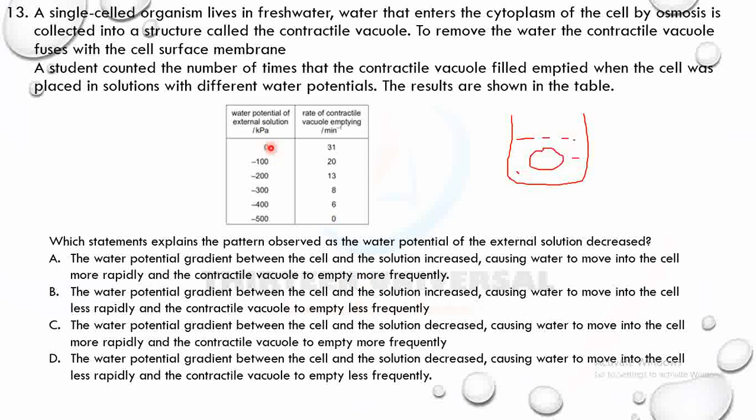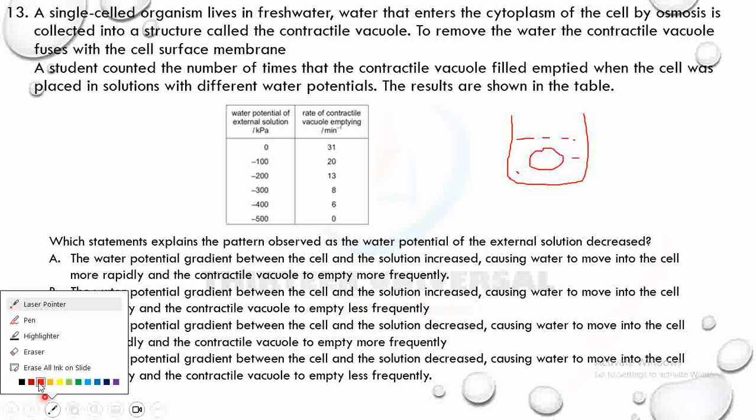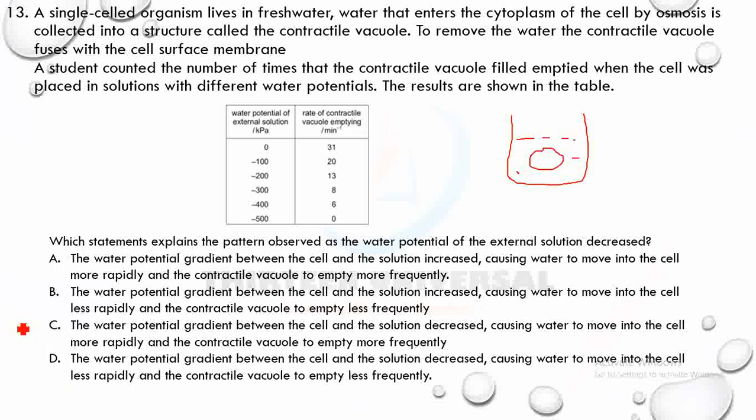But as it decreases, water moves less rapidly. How do we know? The rate of emptying decreases. The rate at which water moves in decreases, so the rate of emptying also decreases. Water does not move in more rapidly because the external solution is getting more solute, which means less water potential.